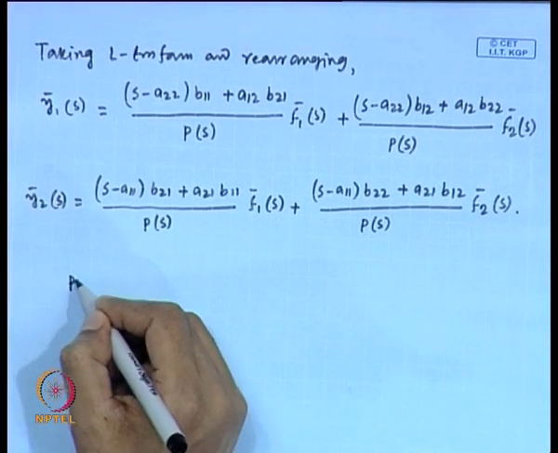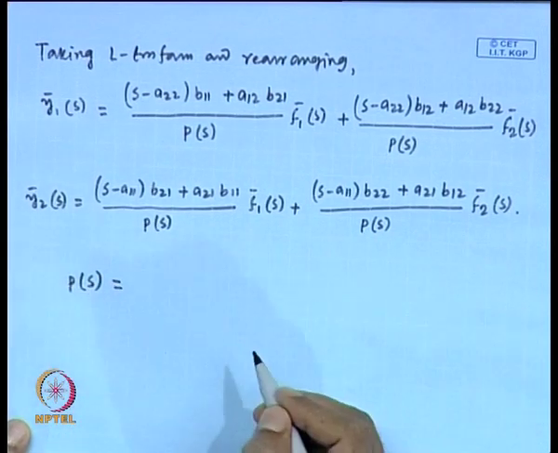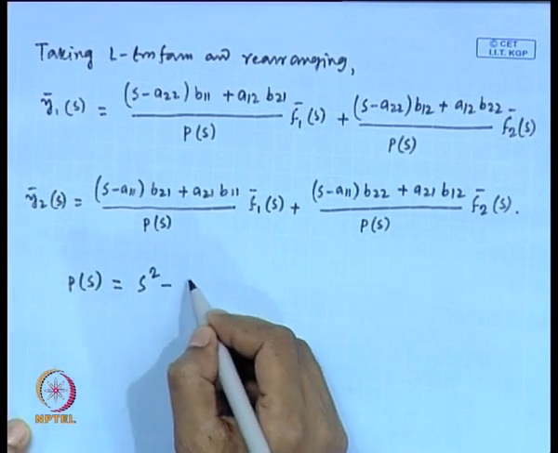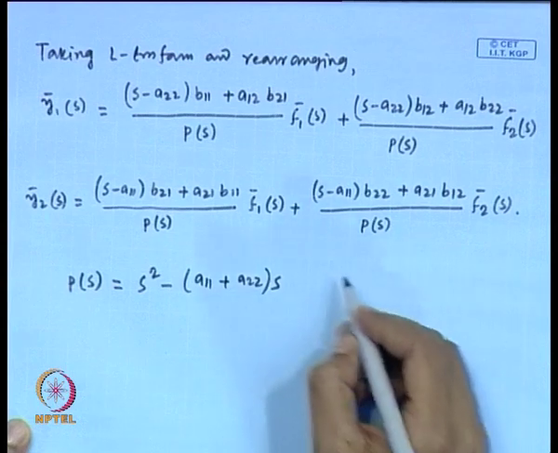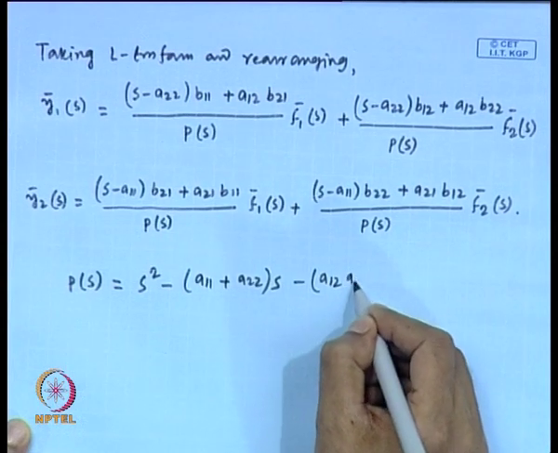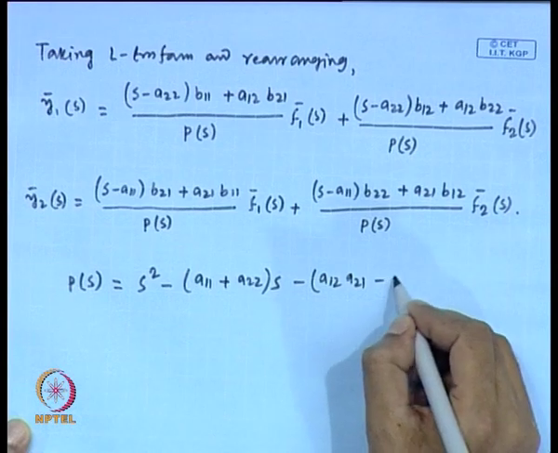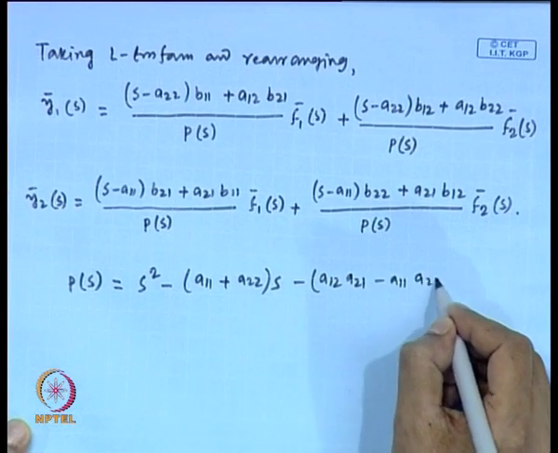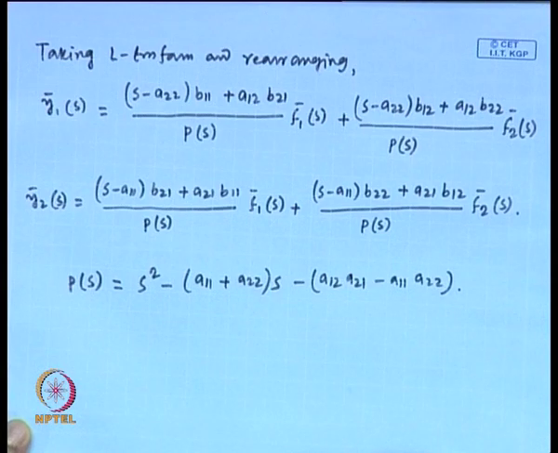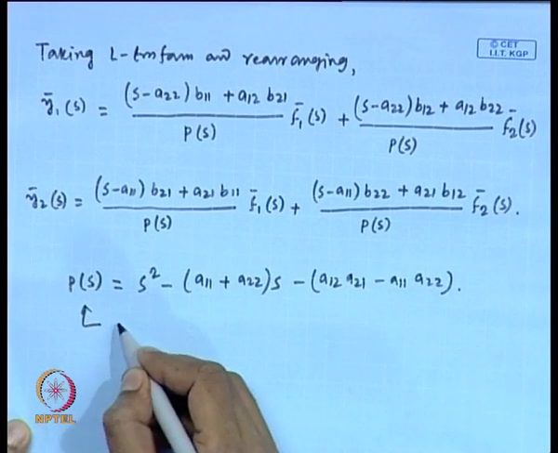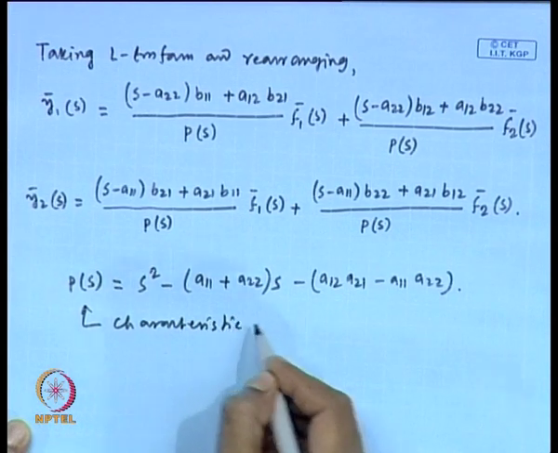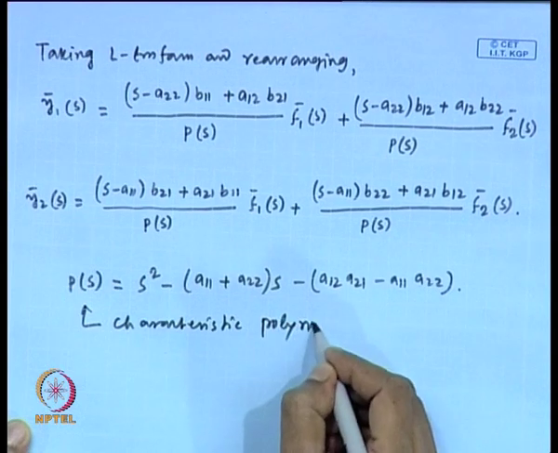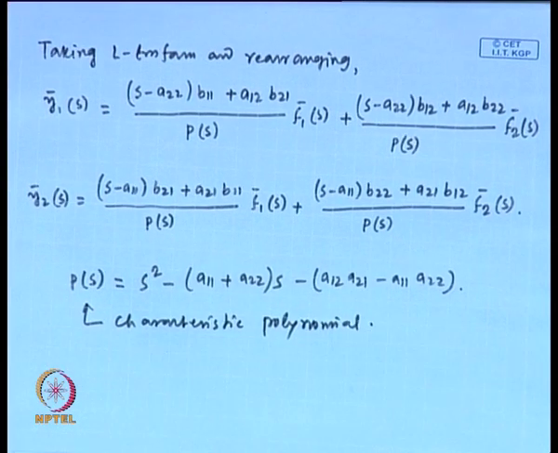The P(s) is the characteristic polynomial represented by s squared minus (a11 plus a22) s plus (a11 a22 minus a12 a21). This P(s) is the characteristic polynomial. Fine.